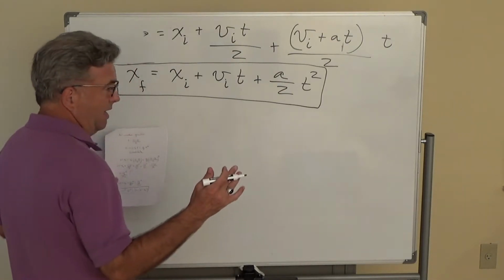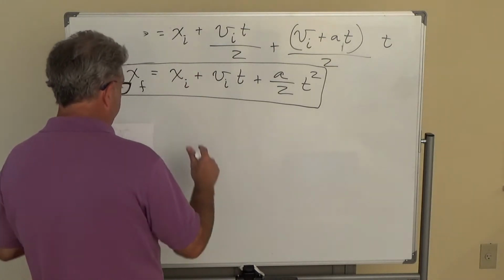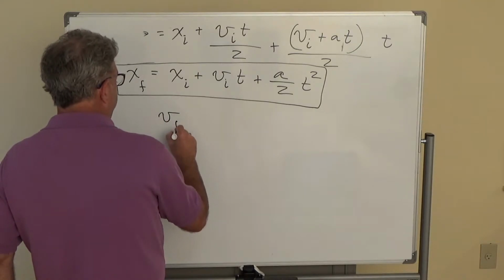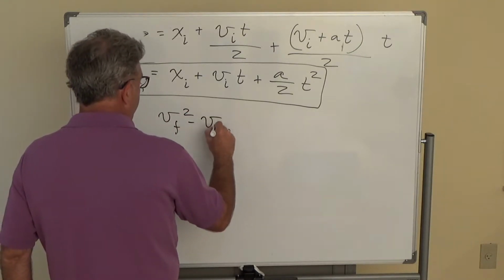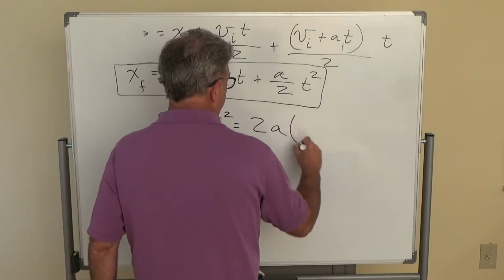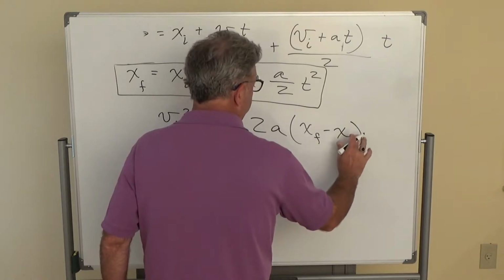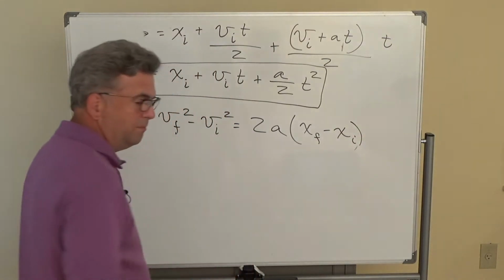If you'd like to see that derivation, it's probably in the book or somewhere. Well, it's all over the place, but it's v final squared minus v initial squared is equal to 2a times x final minus x initial. That's initial. Okay?